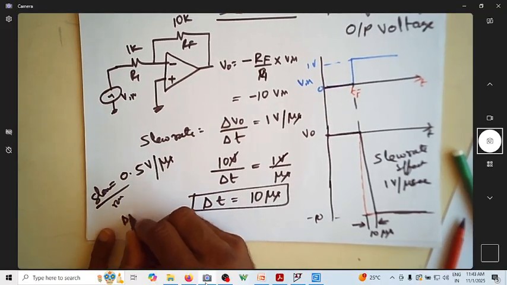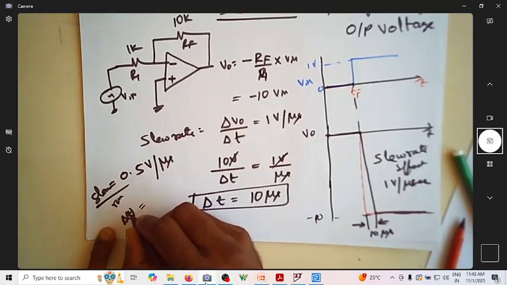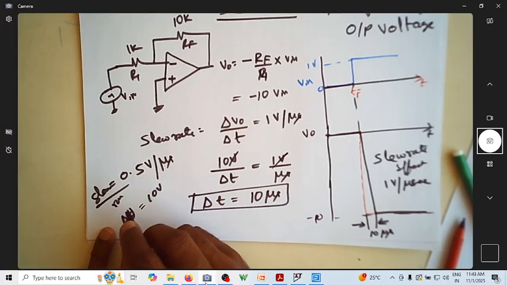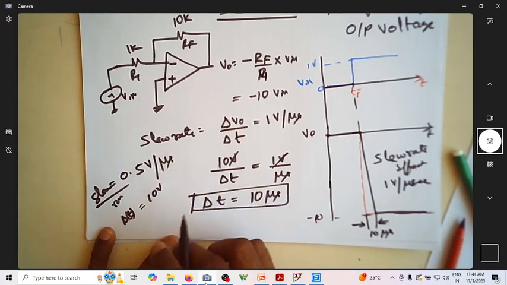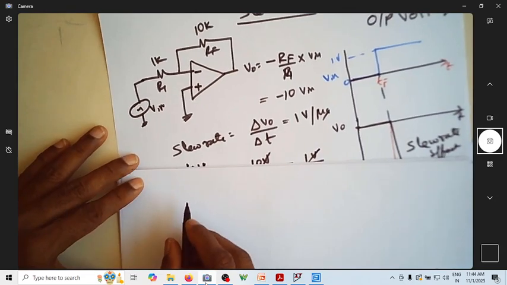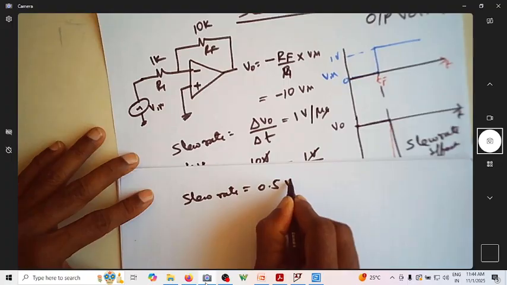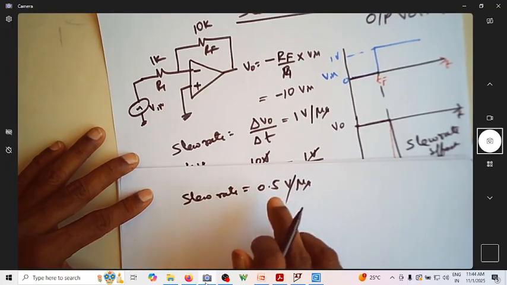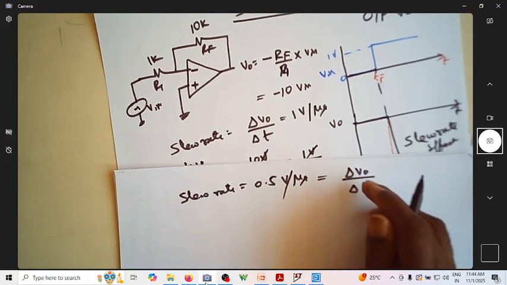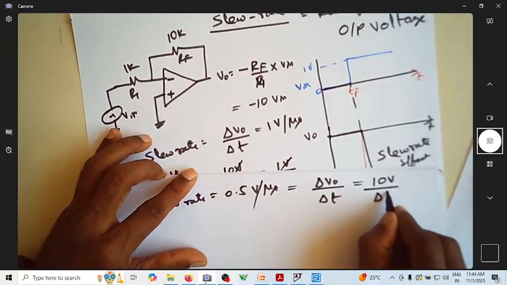Then how much time does your output take to make the same transition? The delta V naught is still 10 volt. So now slew rate is equal to 0.5 volt per microsecond, which is equal to del V naught by del T. Del V naught we are still considering as 10 volt, and del T I'm supposed to find.